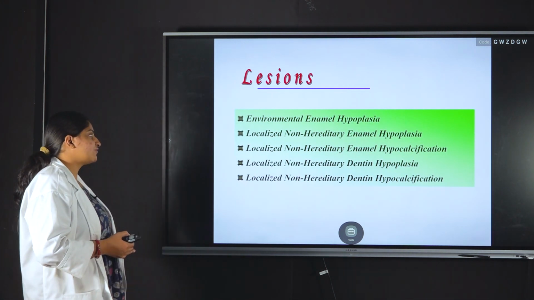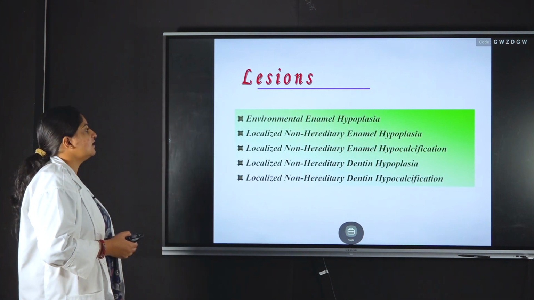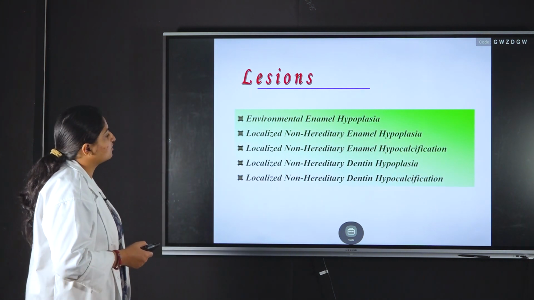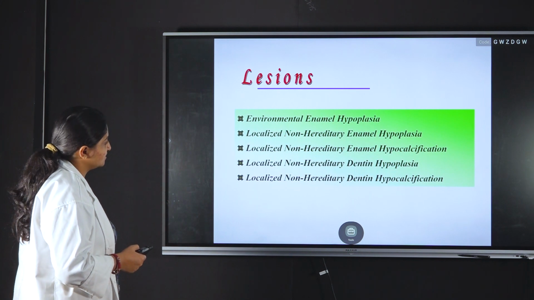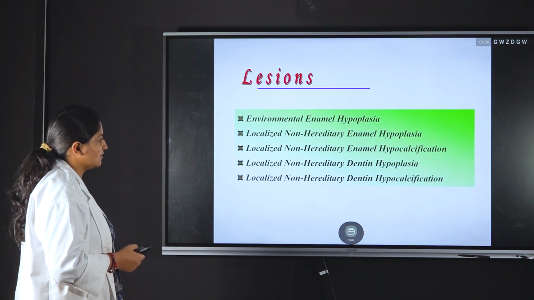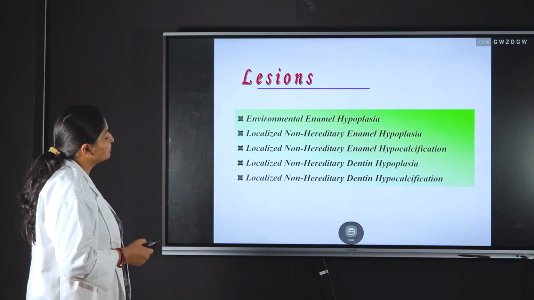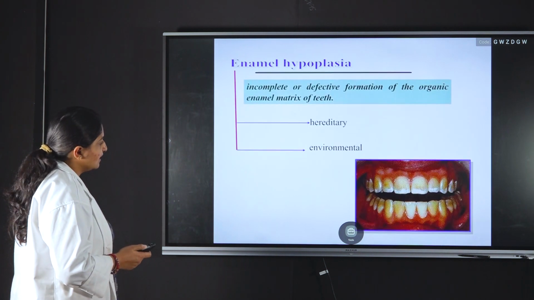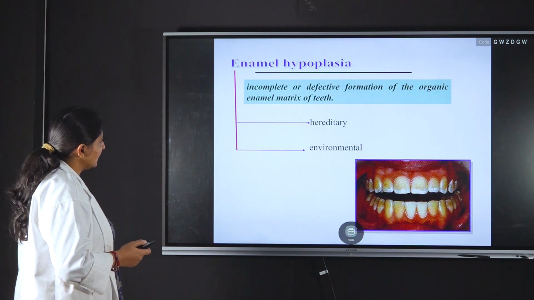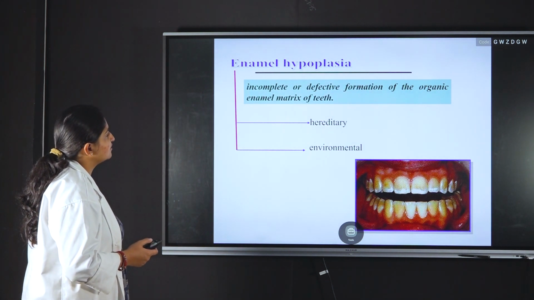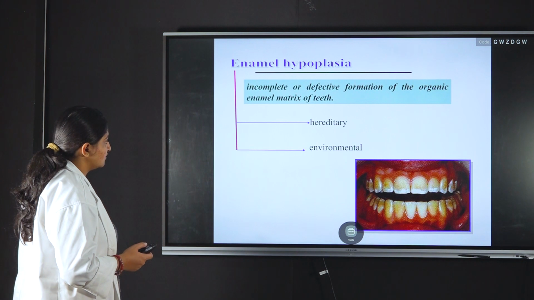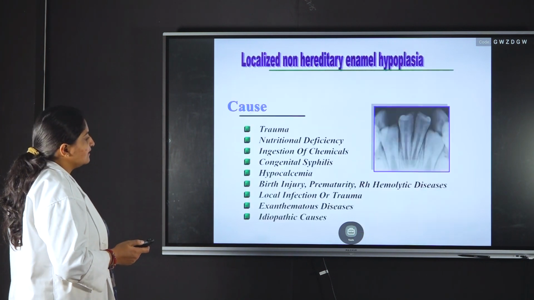The contributing lesions are environmental enamel hypoplasia, localized non-hereditary enamel hypoplasia, localized non-hereditary hypocalcification, localized non-hereditary dentin hypoplasia, localized non-hereditary dentin hypocalcification. Enamel hypoplasia is incomplete or defective formation of the organic enamel matrix of teeth, hereditary and environmental.